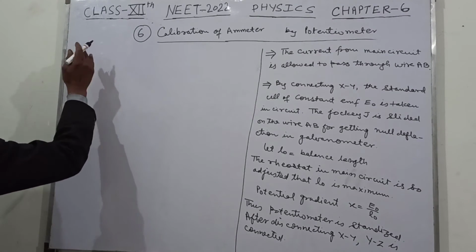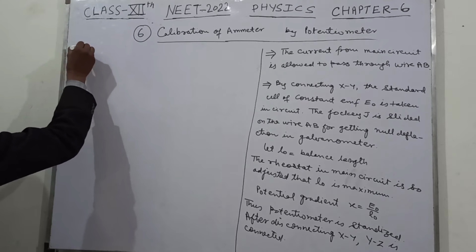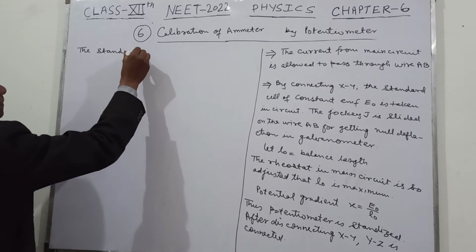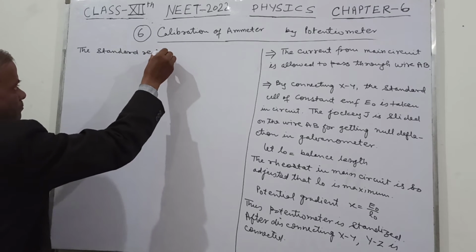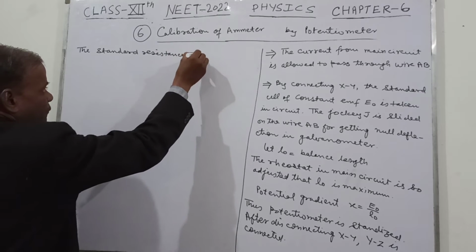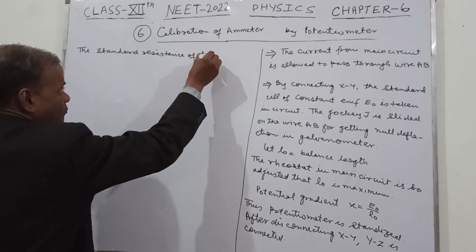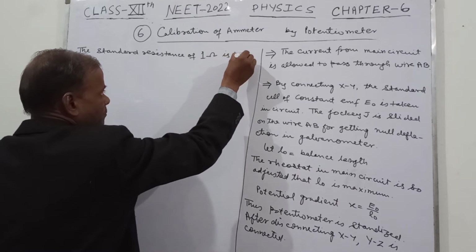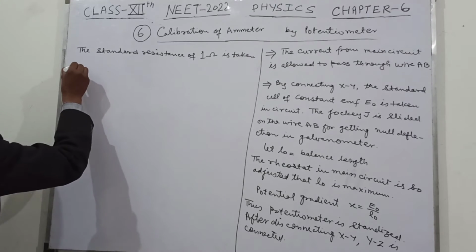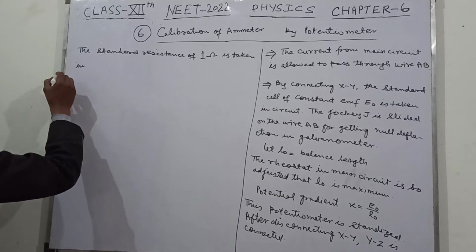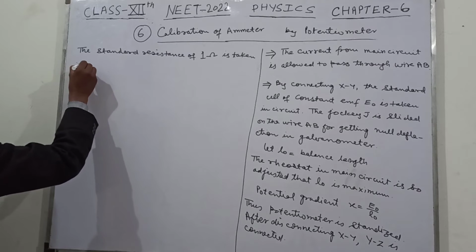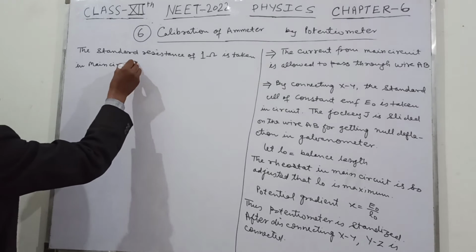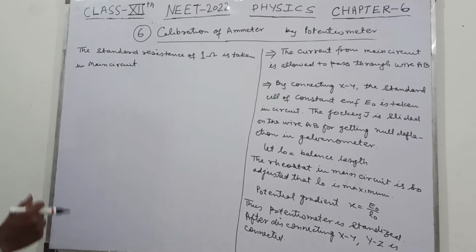The standard resistance of 1 ohm is taken in main circuit.